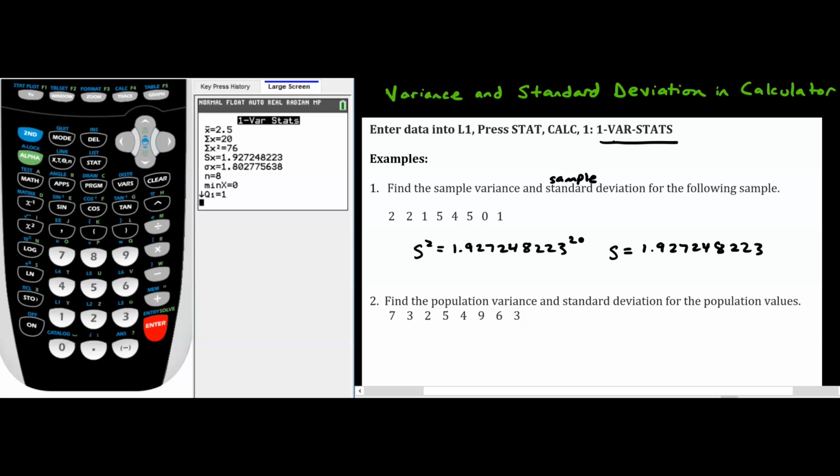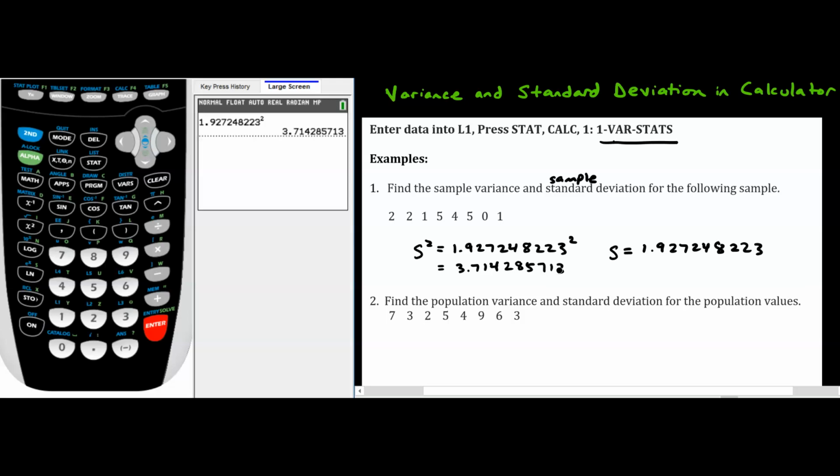1.927248223 squared. So let me quit out of this menu and calculate this. We'll say 1.927248223 squared. And we get an answer of 3.714285713.